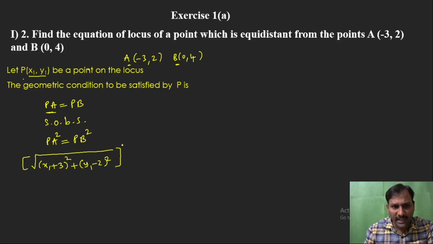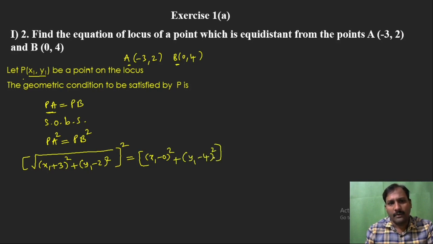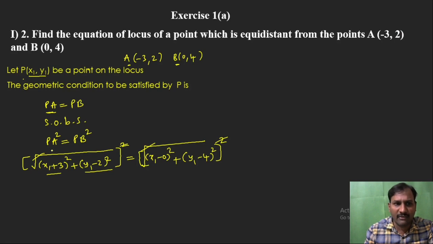Now we are squaring here, so that square is equal to, what is PB? PB is (x1 - 0) whole square plus (y1 - 4) whole square. This is under root whole square. So this square root and square cancel. From the next problem onwards, I will remove this root directly and write this. Whenever I am writing PA square, it means we won't consider this root anymore.